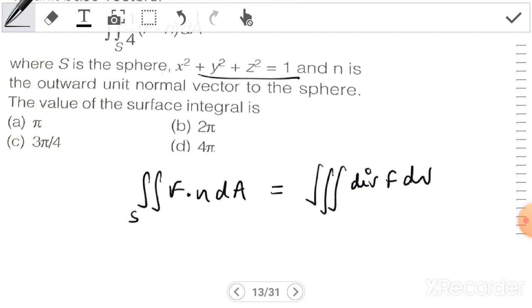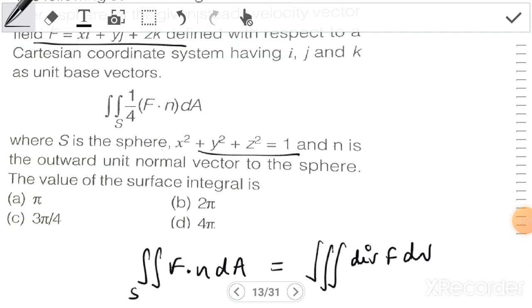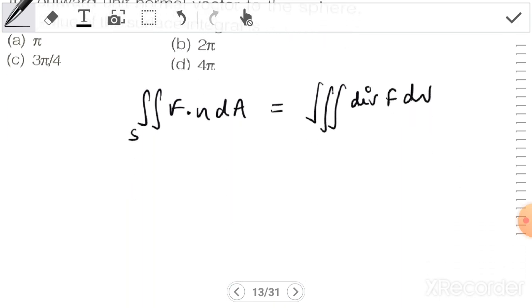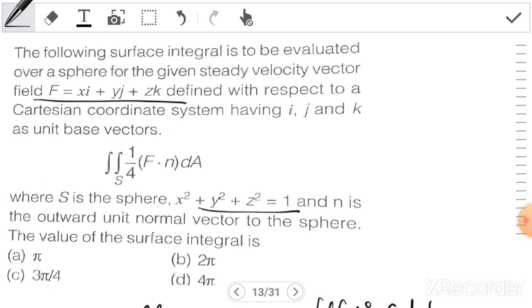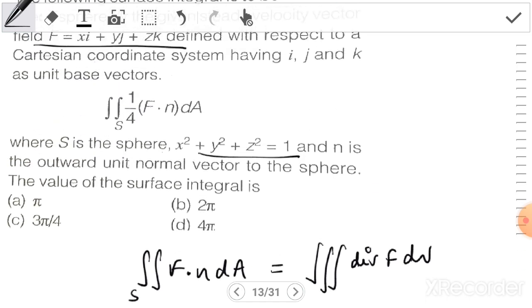Yes, here F is given, xi plus yj plus zk. So we know that this is a position vector and divergence of a position vector is 3. Let me show you.